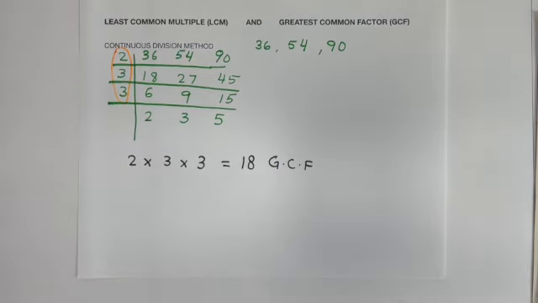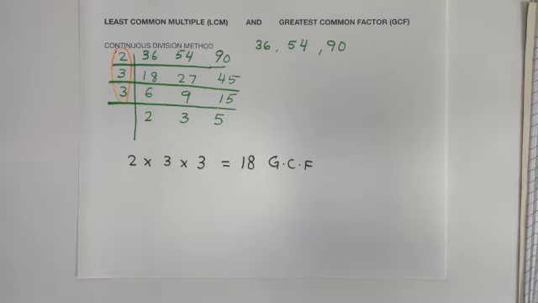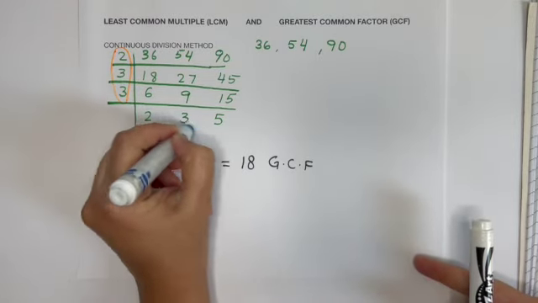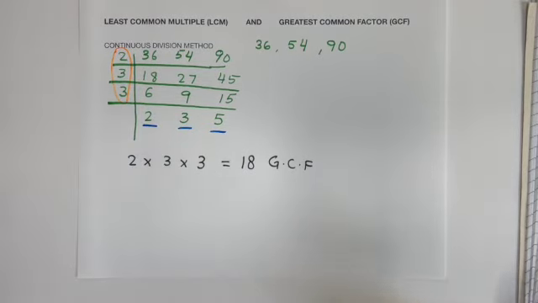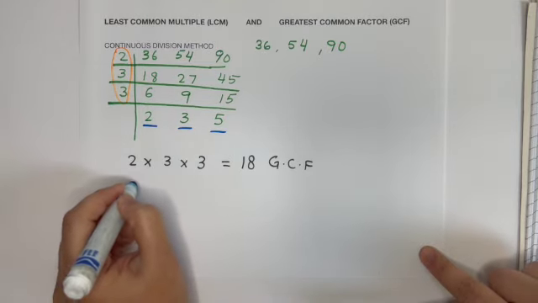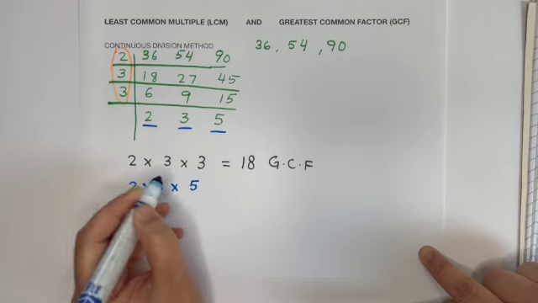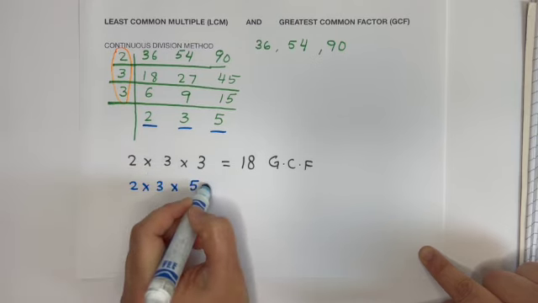Multiplying the greatest common factor with the left out factors, that is 2, 3, and 5, I'll get my LCM. So 2 times 3 times 5, and the greatest common factor, that is 18.